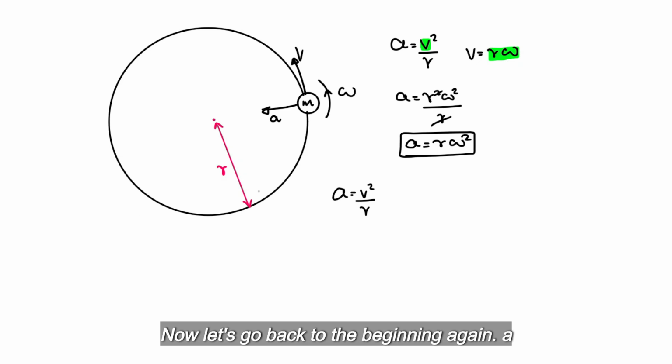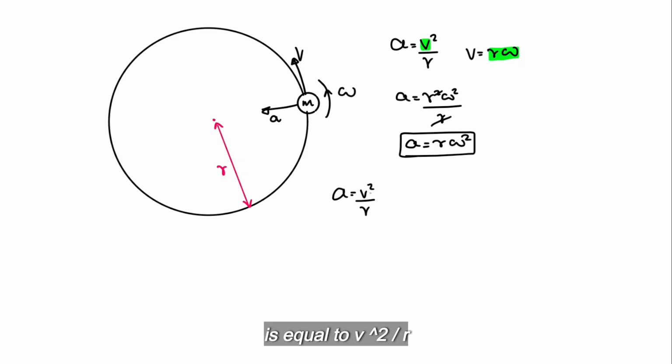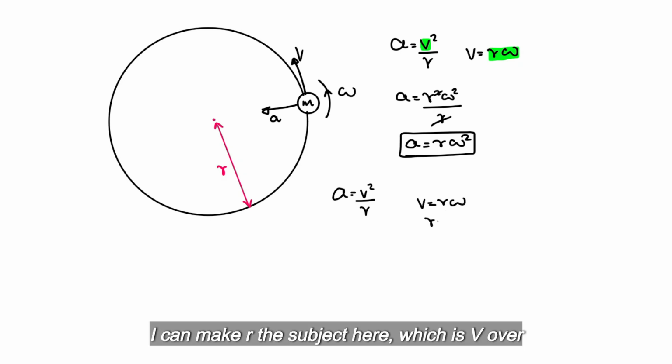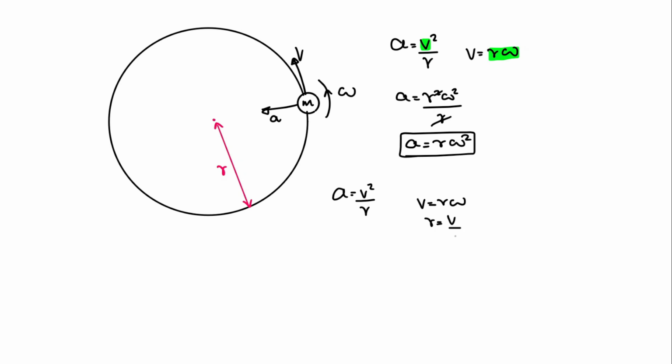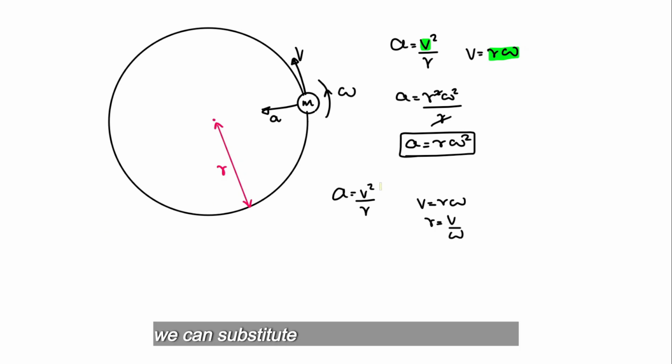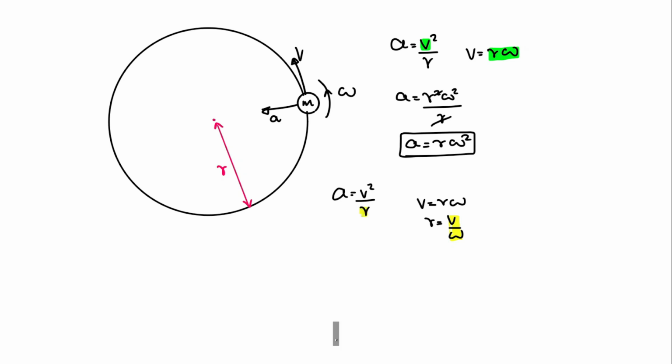Now let's go back to the beginning again. A is equal to v squared over r, and we know v is equal to r omega. I can make r the subject here, which is v over omega. Now we can substitute this v over omega instead of this r. Let's see what we get then. A is equal to v squared over v over omega, which I can simplify as v squared times omega over v.